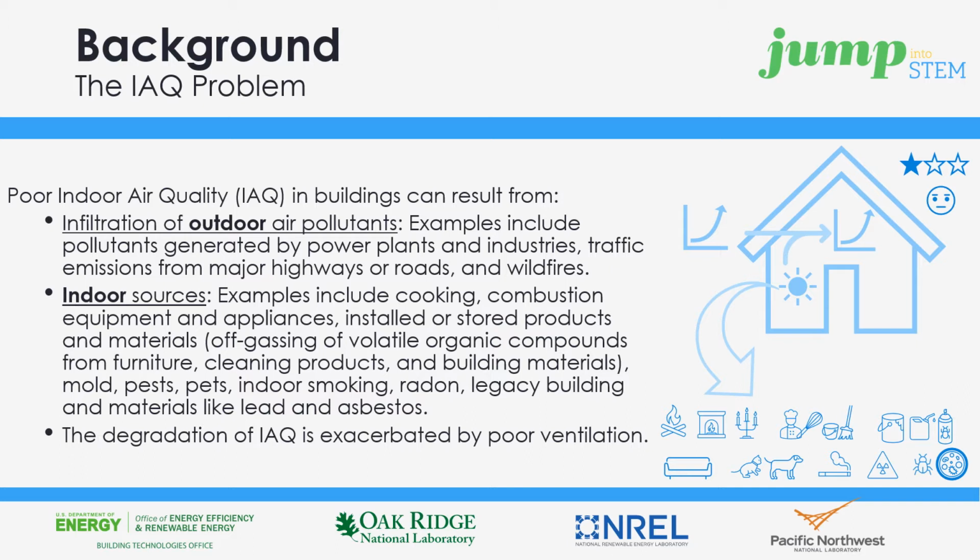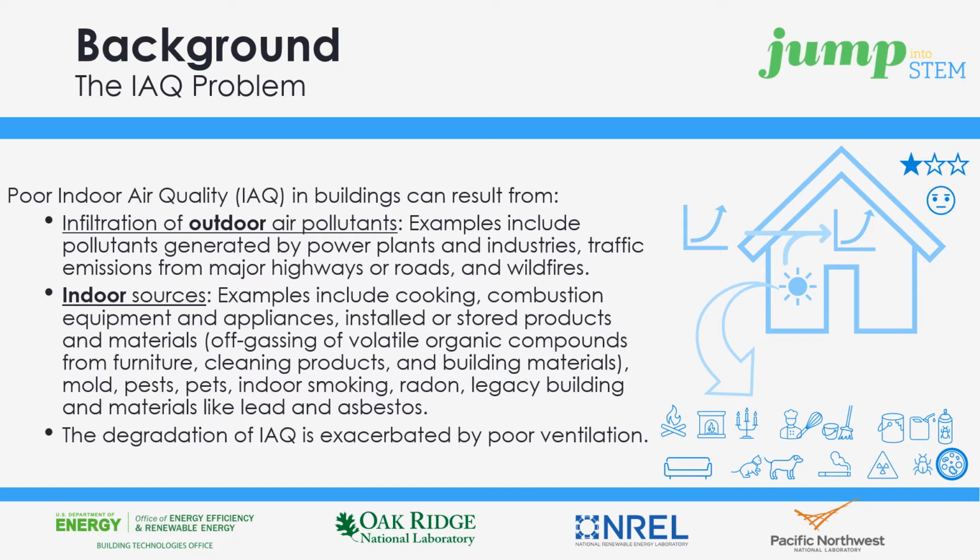And when these outdoor generated air pollutants find their way into a building through either intentional openings like those from the heating, ventilating, and air conditioning system, or unintended minor cracks and openings in a building, those pollutants get transferred into the indoor environment of the building.